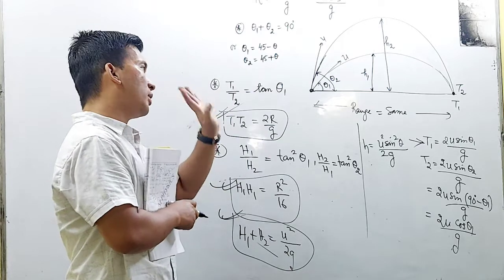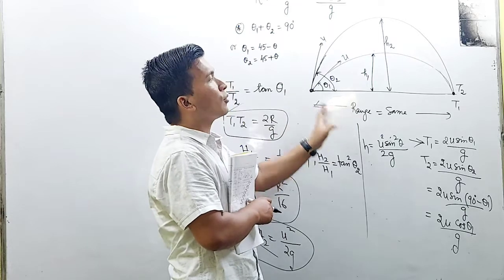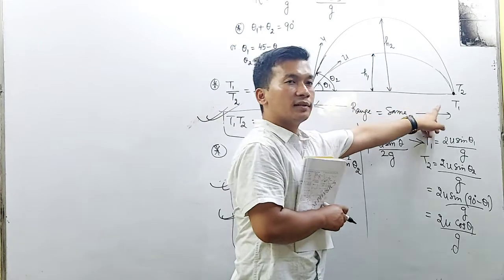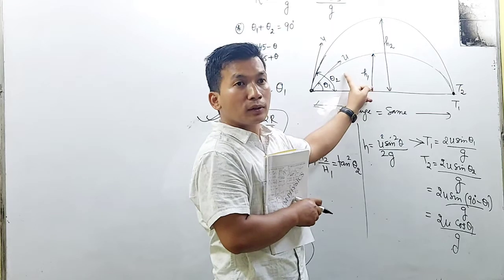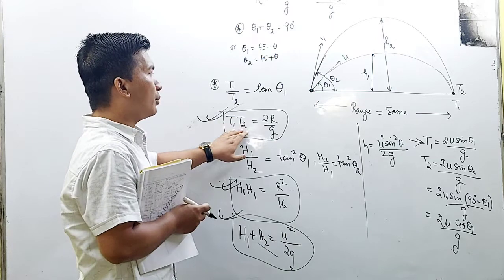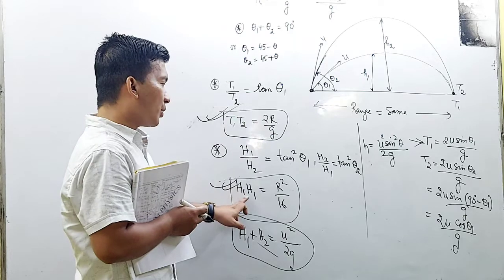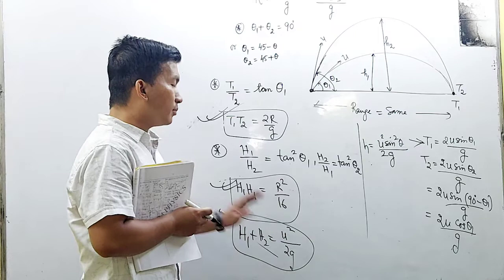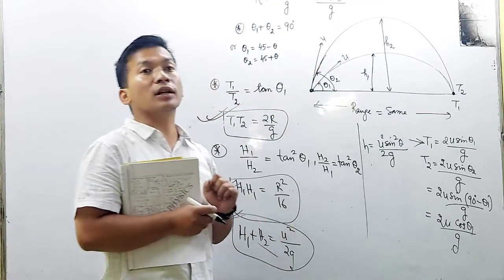See the diagrams. What are the two physical quantities that remain constant for both trajectories? The range is common, and the velocity of projection is also common. From the product of the times we can find out the range. From the product of the heights we can find out the range. If we take the sum of the heights, we can find out the common velocity of projection.